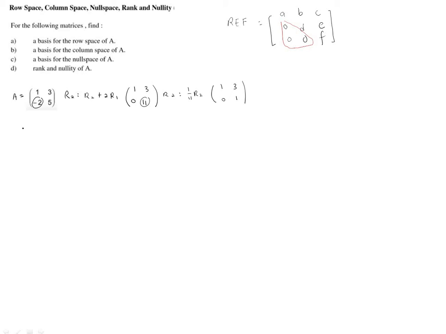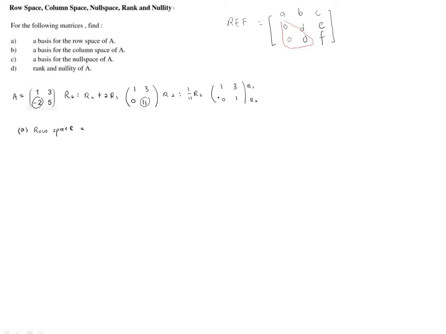Okay, we can answer the first question. Row space of A. Look at the leading one for each row. So in this matrix we have 2 rows, row 1 and row 2.